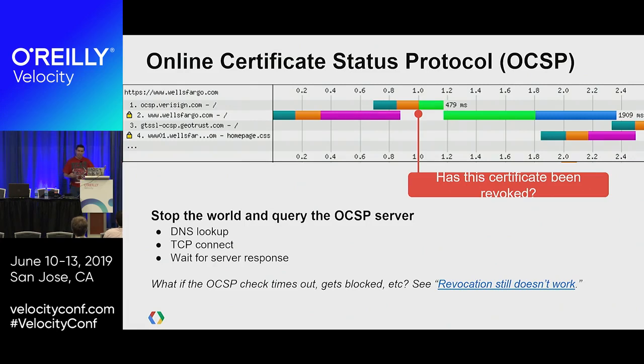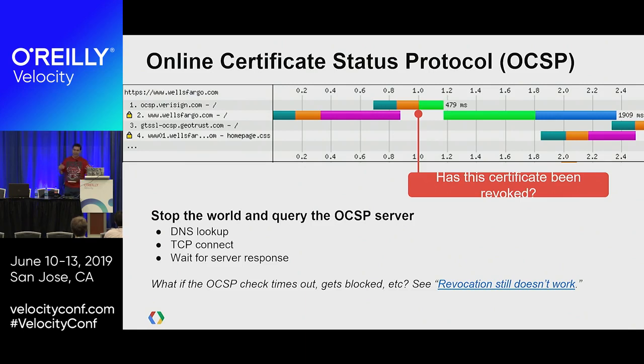And that usually ends up with 3 extra round trips. You're doing a DNS lookup, socket connect, and request for the verification check, all while you're in the middle of trying to do a critical TLS negotiation to download the HTML. And so adding 3 more round trips to what would hopefully have been a 3 round trip TLS negotiation is extremely painful.